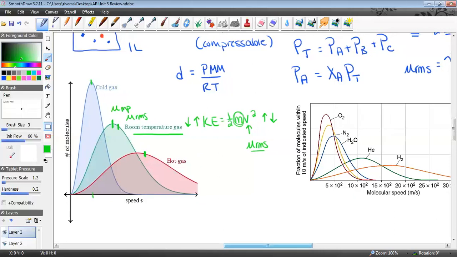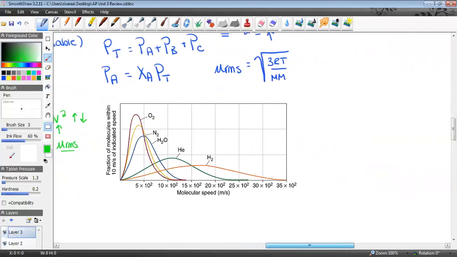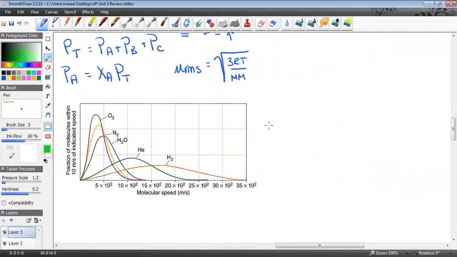We have different Maxwell-Boltzmann diagrams if the gases have different masses. So here we're talking about gases all being at the same temperature, but gases of different masses. So if temperature is staying the same and you increase the mass of the gas, so instead of talking about hydrogen gas, which is really light, let's look at oxygen gas, which is much heavier.